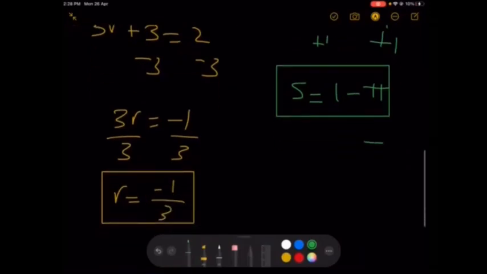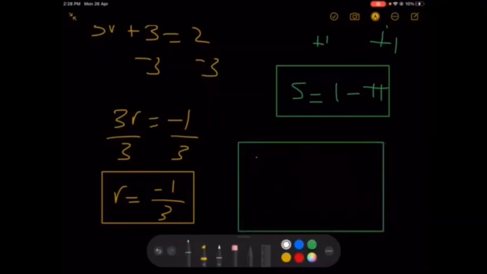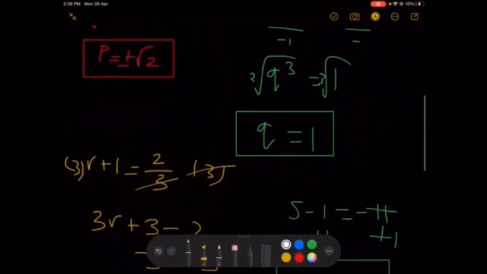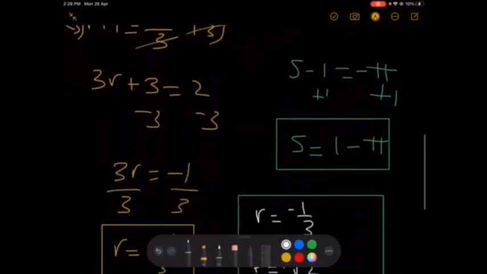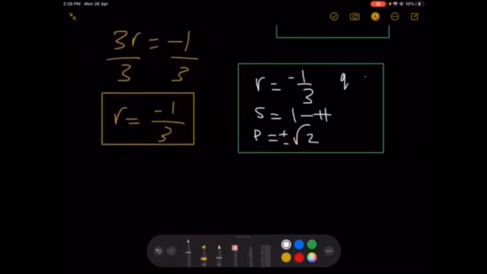So our final answers will be r equals negative 1 over 3, s equals 1 minus pi, p equals plus or minus square root of 2, and finally q equals 1.